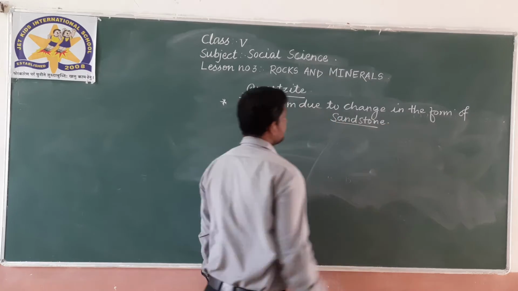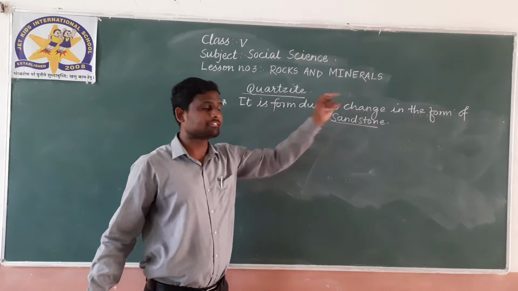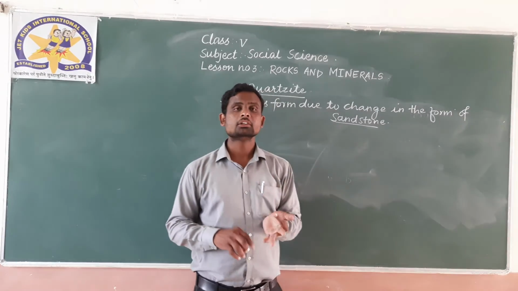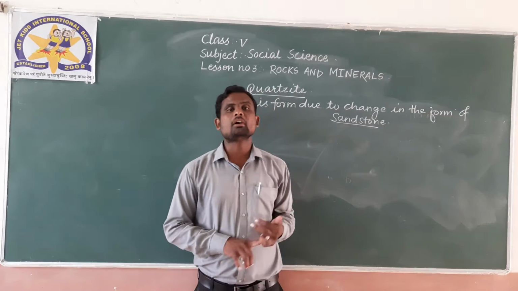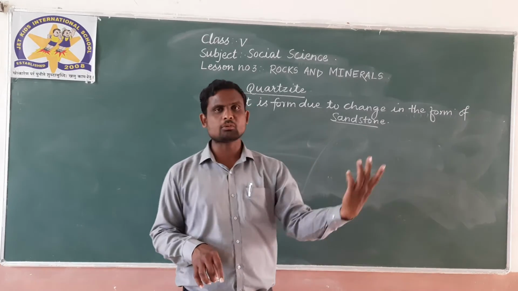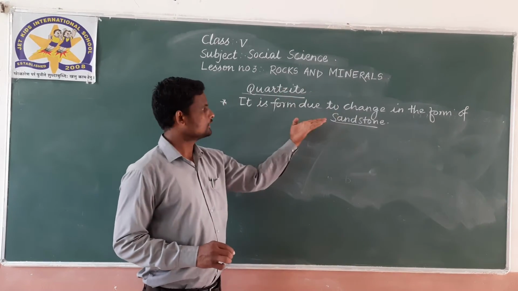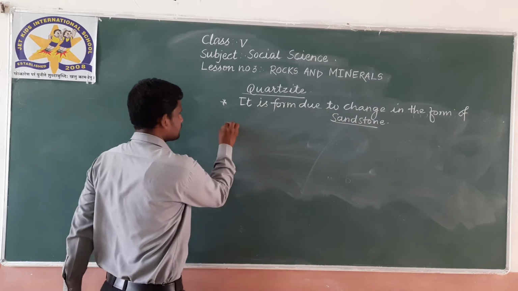This means quartzite is formed from sandstone. A little while ago we saw that slate is formed from shale, which was also a sedimentary rock, and quartzite is formed from sandstone.